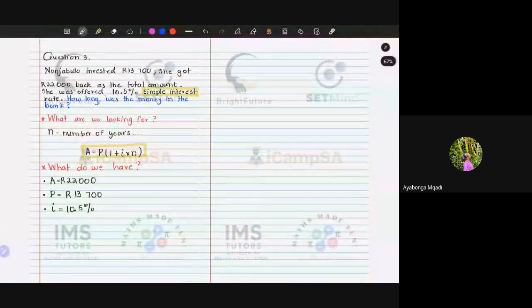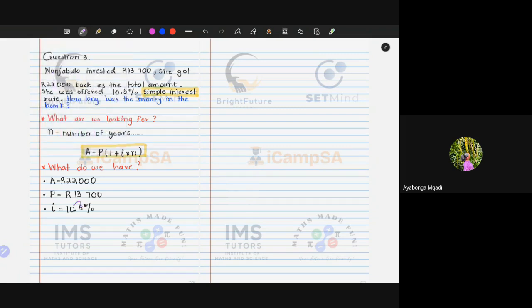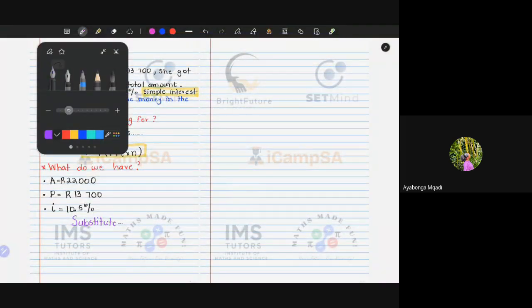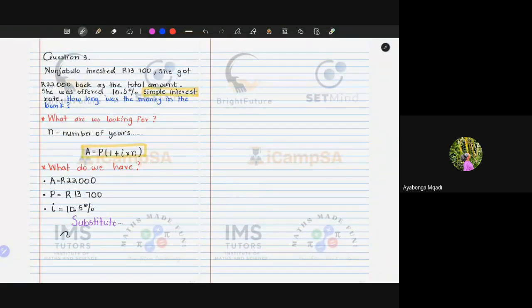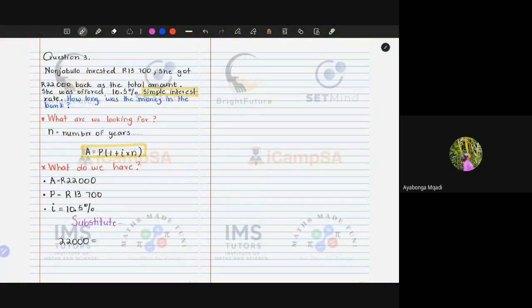So we are going to substitute everything which we have so that we just find the unknown. So let's go ahead and plug into our formula. Our A is 22,000. So I'm just going to write it as 22,000, so we're working with the same currency.